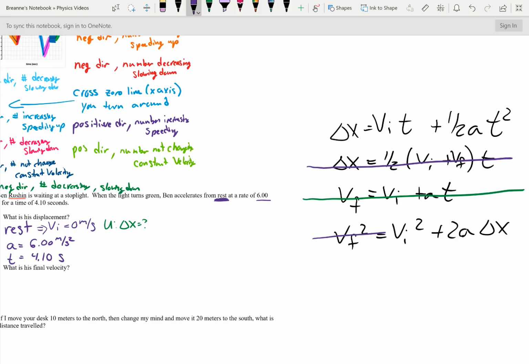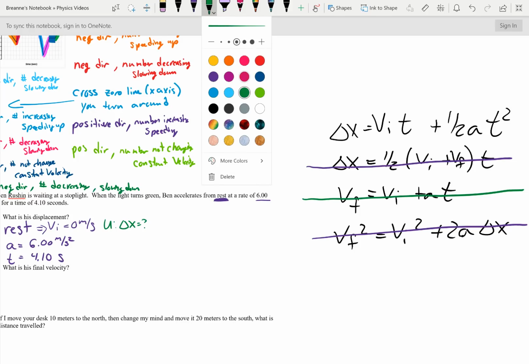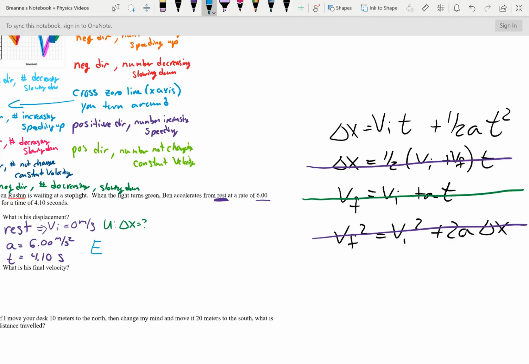We don't have final velocity, so we can't use that one either. So the only one we can use is the first one. Delta x equals vi t plus 1/2 a t squared. So now we substitute.